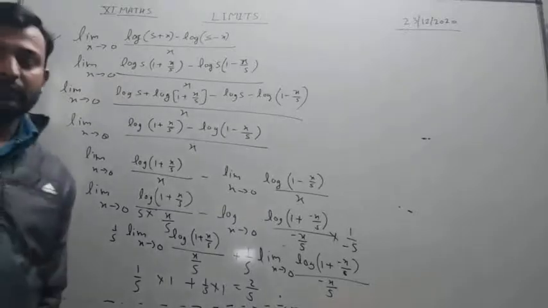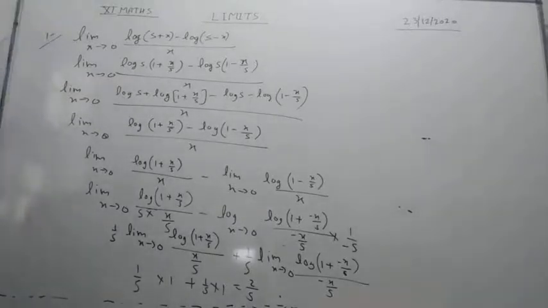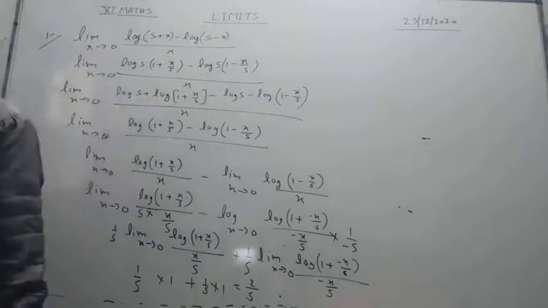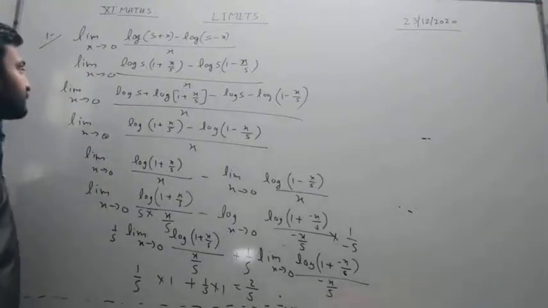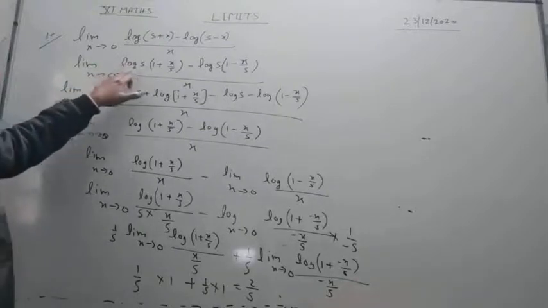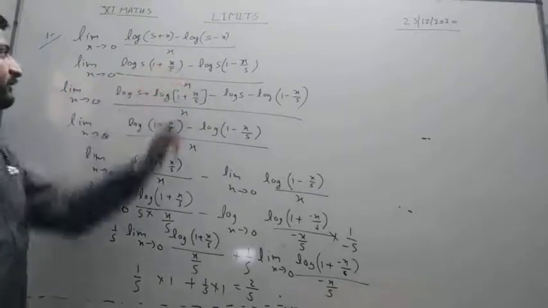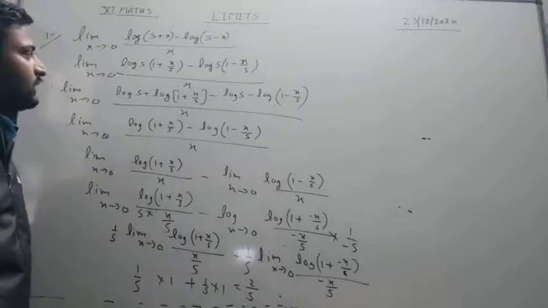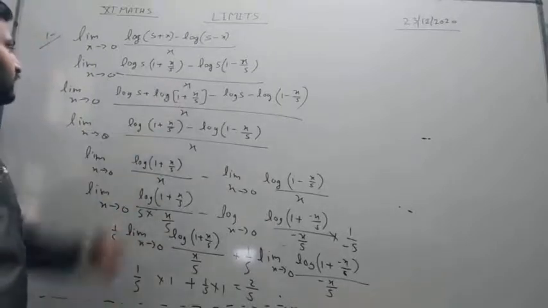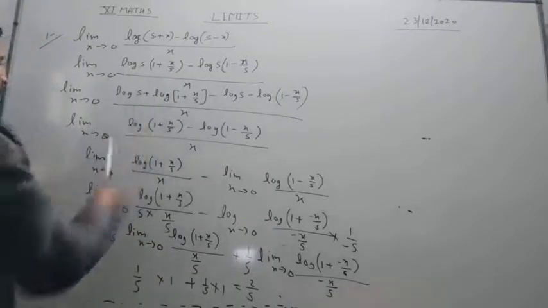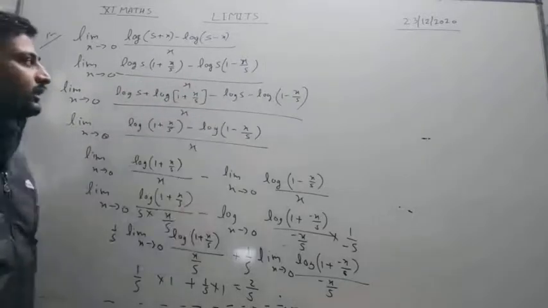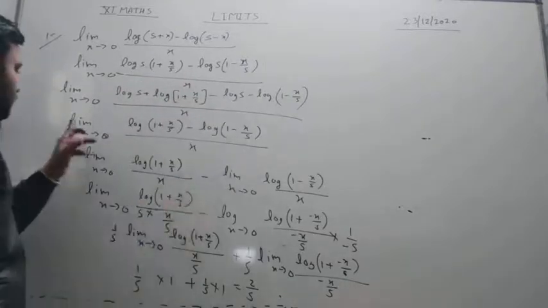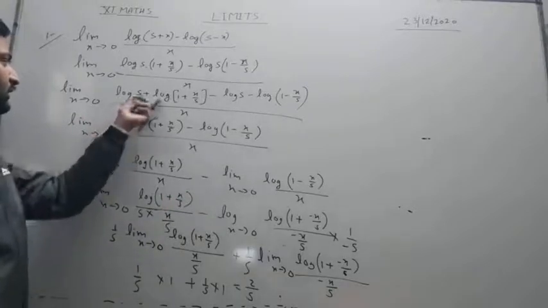Let's see once again, students, what we have done. We have to take the limit x tends to 0 of log(5 plus x) minus log(5 minus x) by x. So limit x tends to 0 of log 5(1 plus x by 5) minus log 5(1 minus x by 5), by x. We can write log m into n as log m plus log n.